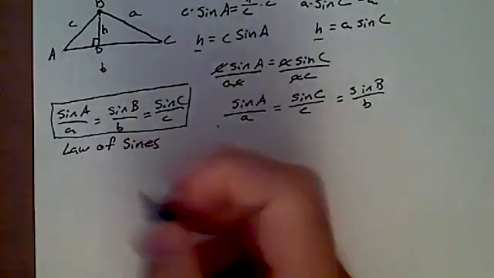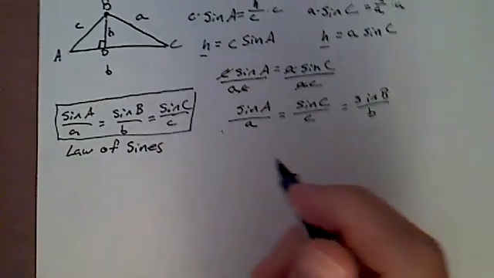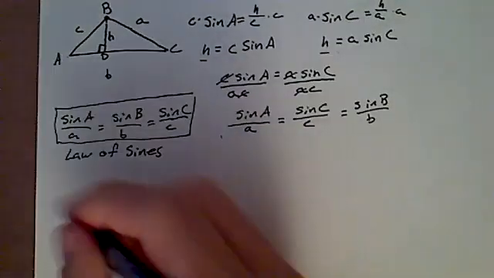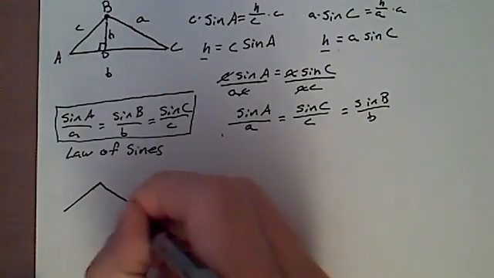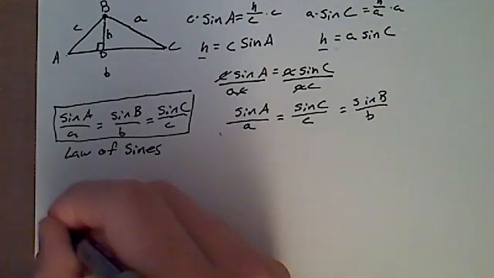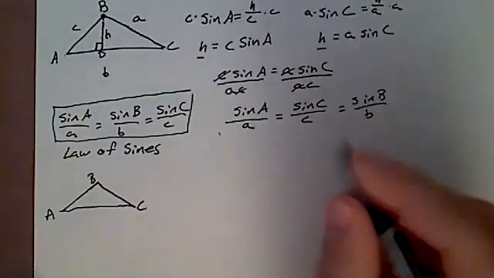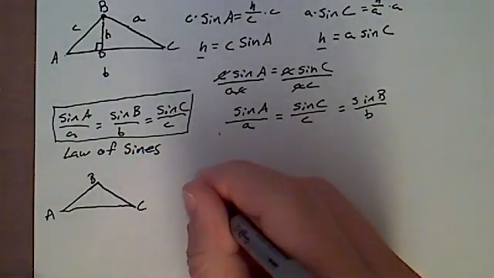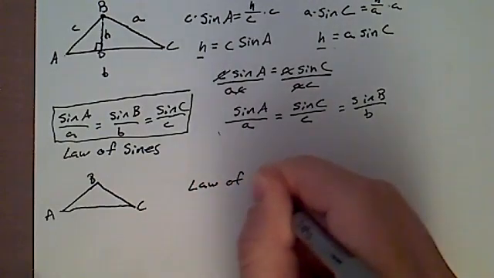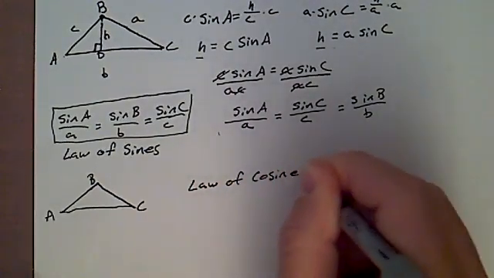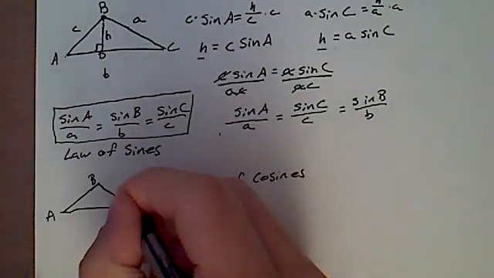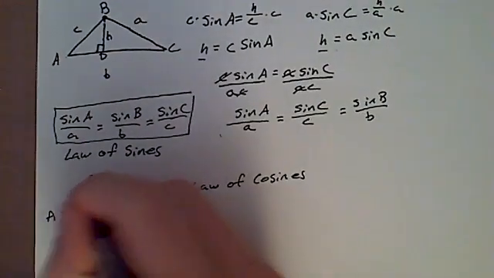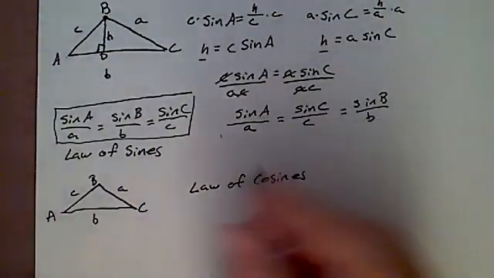All right. There is a law of cosines as well. So if we're using the original diagram we had again, the law of cosines actually says three different things. However, if you know one of them, you're going to basically know them all. And we'll spend more time on it tomorrow anyway.